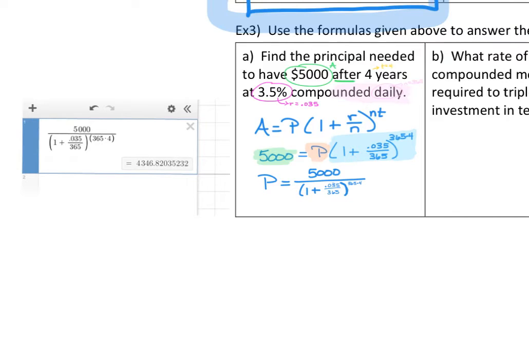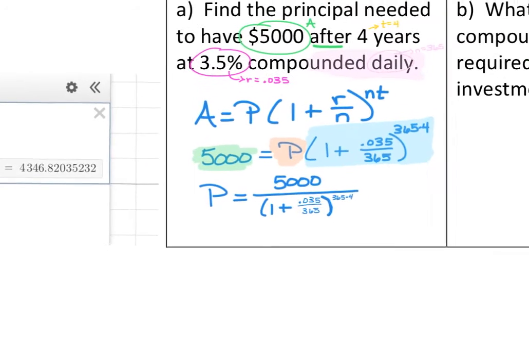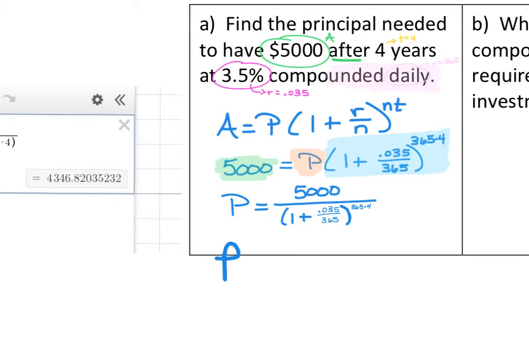Then the 0.035 over 365. You have to right arrow to get out of the fraction. Then type your closing parentheses, and then do your exponent. I needed to type parentheses. If you can find a way to do it without it, let me know. 365 times 4. And you should get the answer that your original principal needs to be $4,346.82.